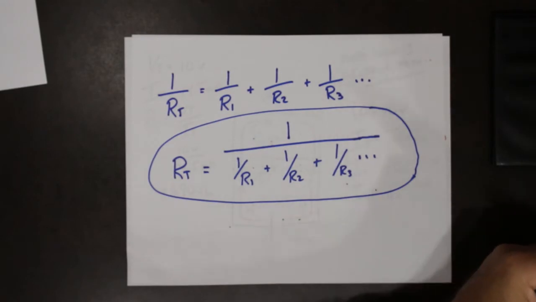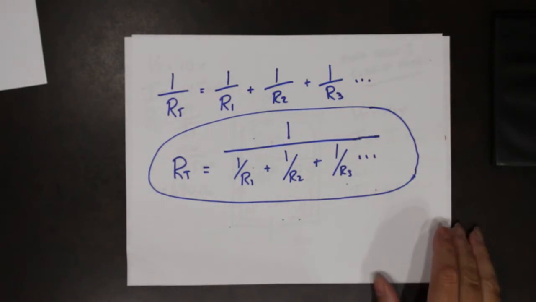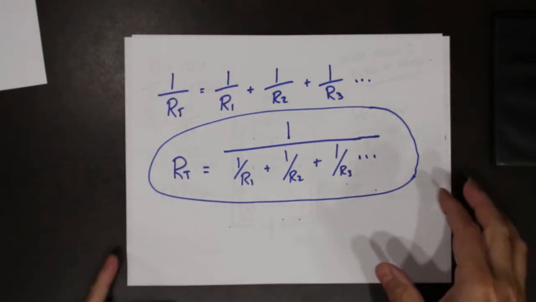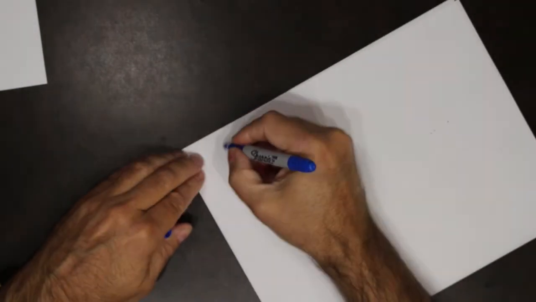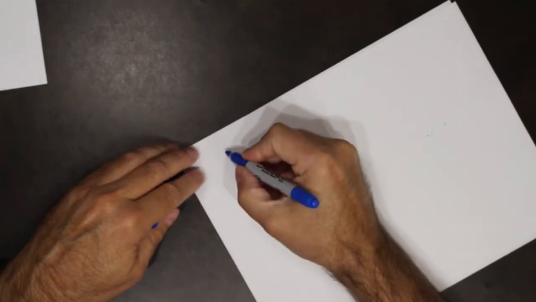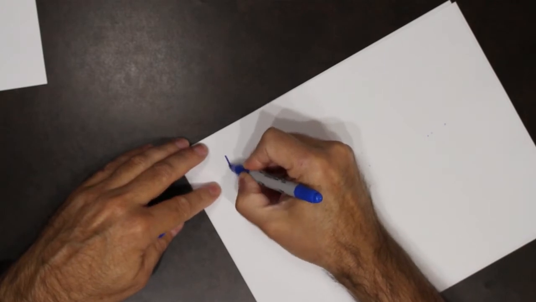Now, there are some shortcut formulas. Let me show you what they are. There are two shortcut formulas for calculating our total. So I'm going to put them all here. So here is our total.